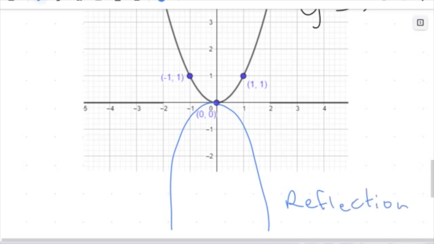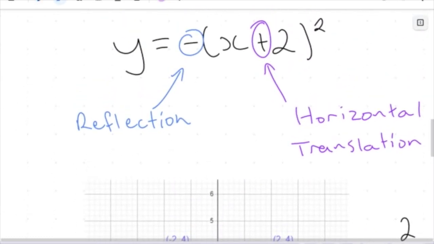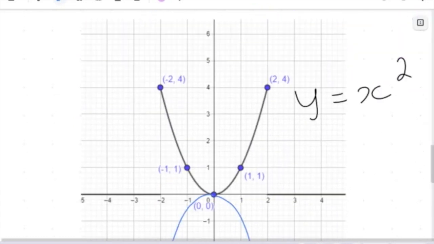And I'm going to want to translate this in the horizontal direction. Now my sign in front of my constant 2 here is positive. So remember, whatever that sign is, we want to translate in the opposite direction of that. So this actually means that we're going to translate this 2 units to the left in the negative direction.